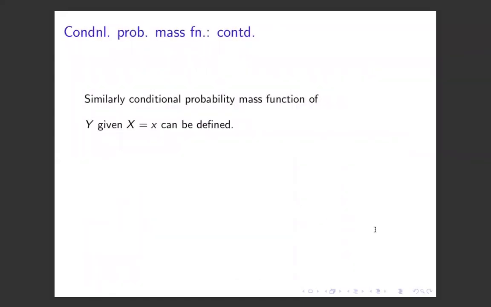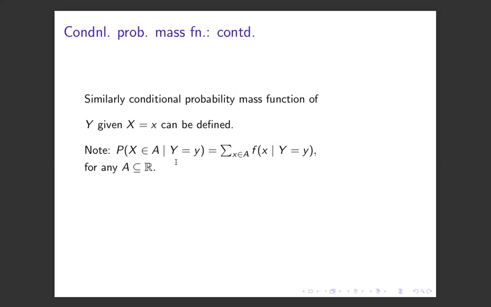Now, in a similar fashion, the conditional probability mass function of Y given X equal to little x can also be defined. Now note that suppose you want to find, for a nice subset A in the real line, like an interval and things like that, the probability that X takes value in this set A given Y equal to little y.